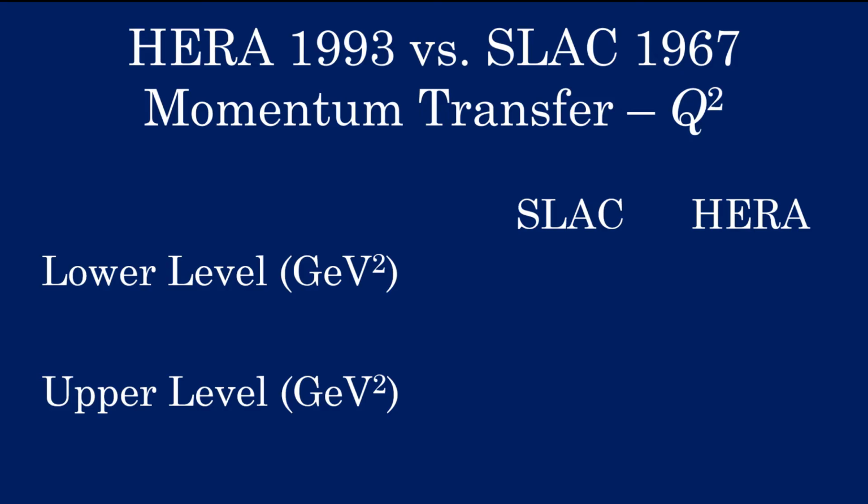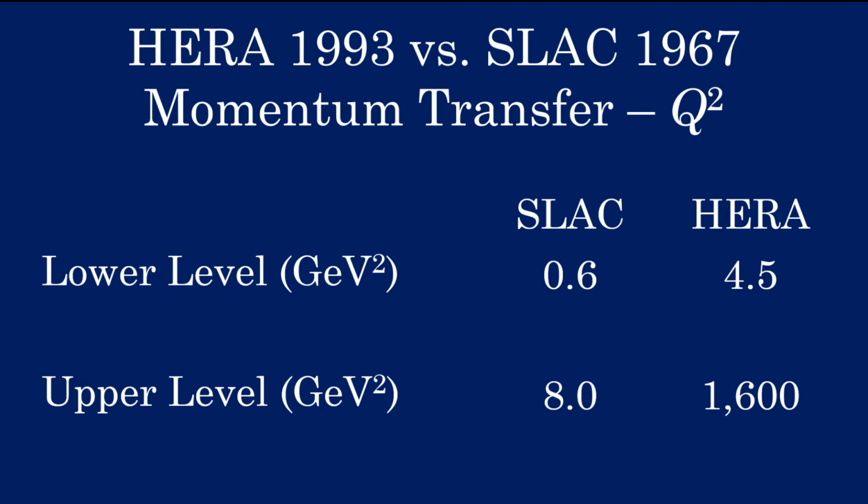The momentum transfers in the SLAC experiments ranged from about 0.6 GeV squared to about 8 GeV squared, while the HERA Q squareds started at 4.5 GeV squared and went up to 1,600 GeV squared.